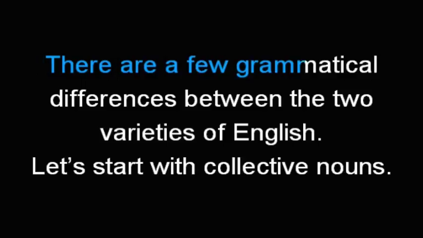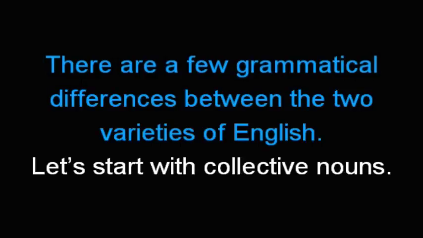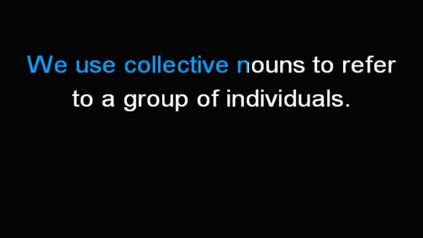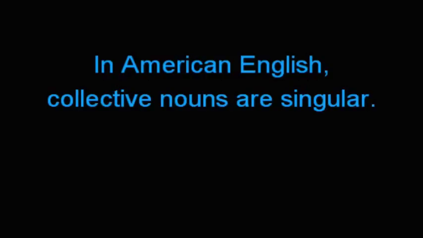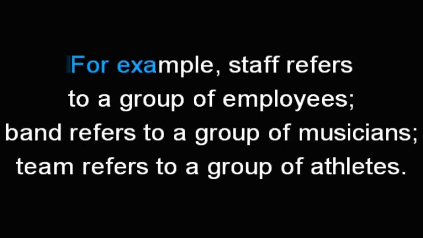There are a few grammatical differences between the two varieties of English. Let's start with collective nouns. We use collective nouns to refer to a group of individuals. In American English, collective nouns are singular. For example, staff refers to a group of employees.